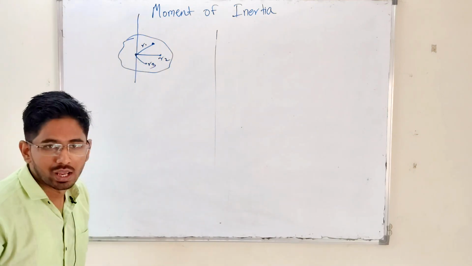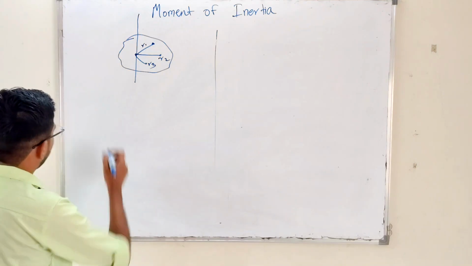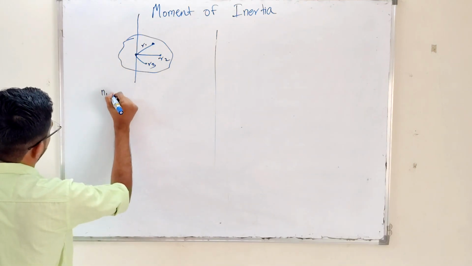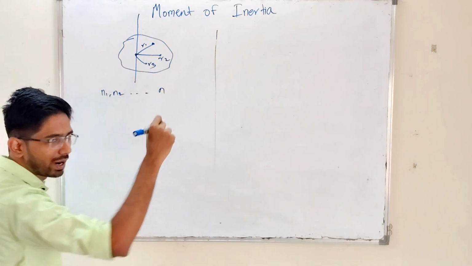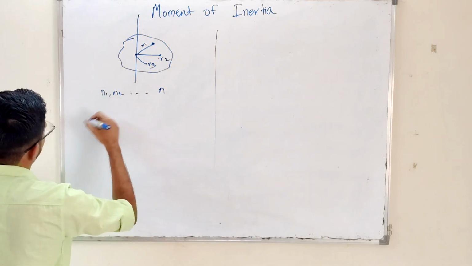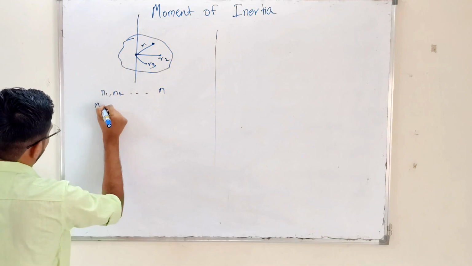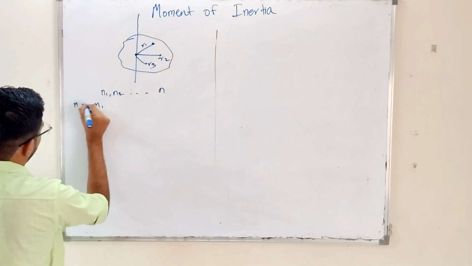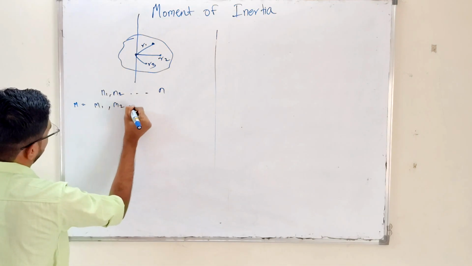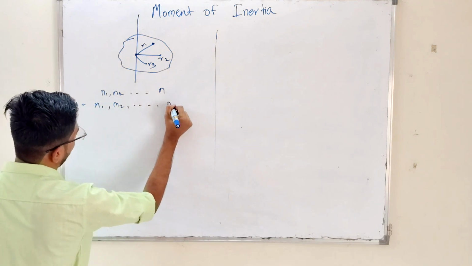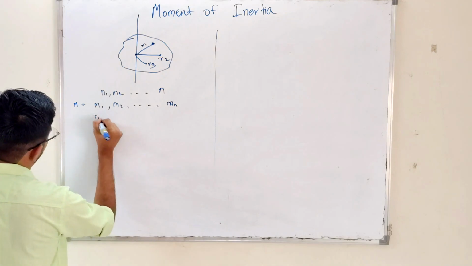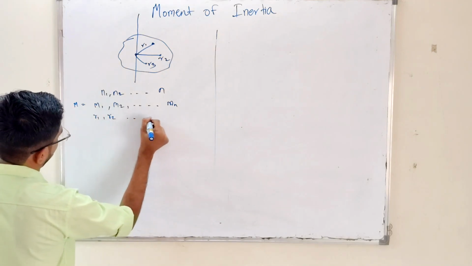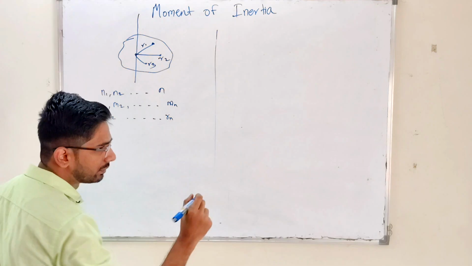So there will be particles 1, 2 up to n, with masses m1, m2 up to mn, at distances r1, r2 and so on up to rn.